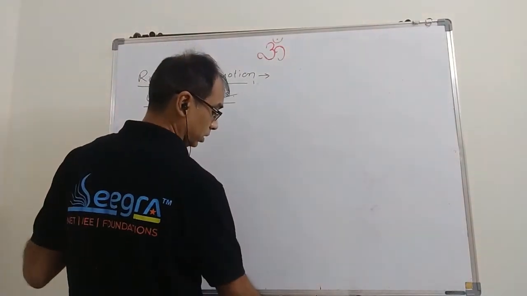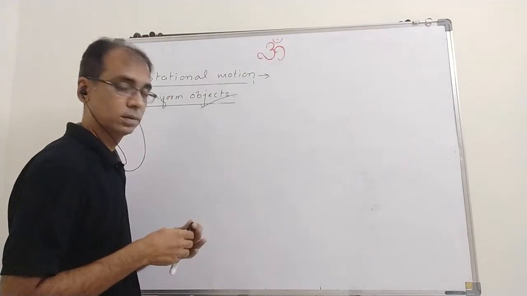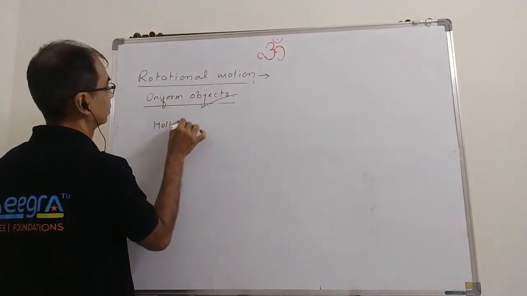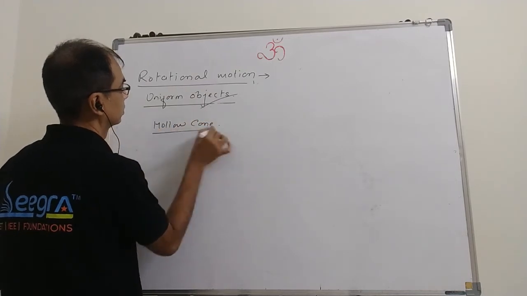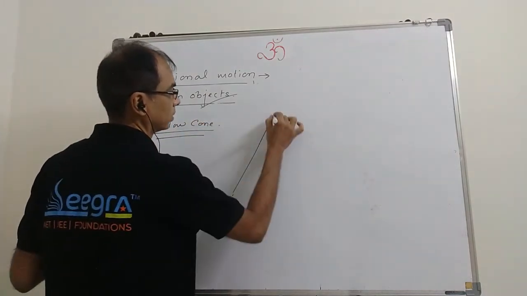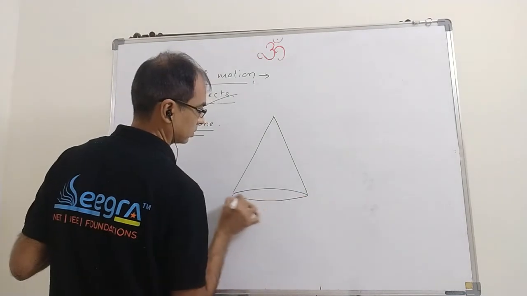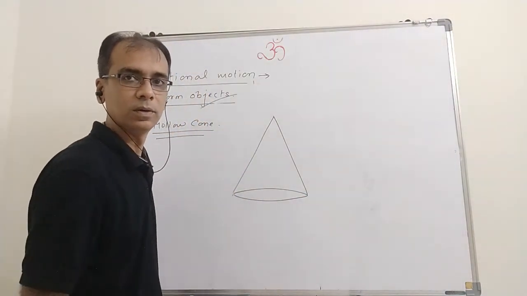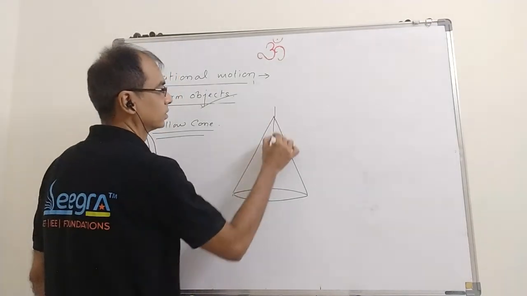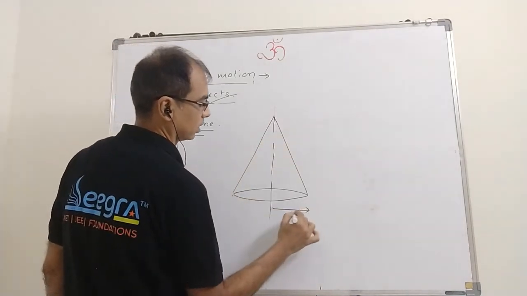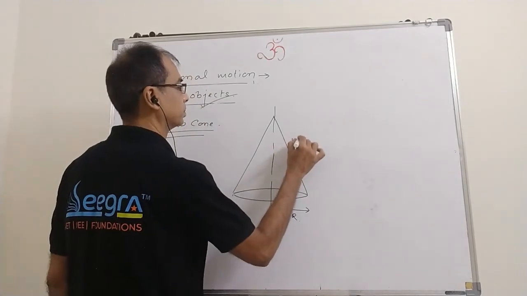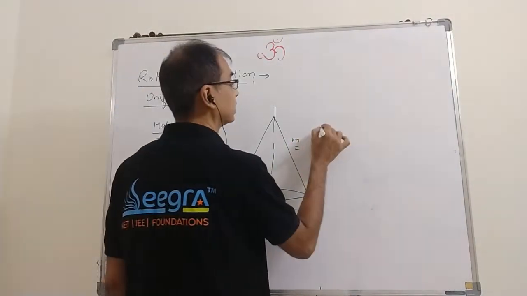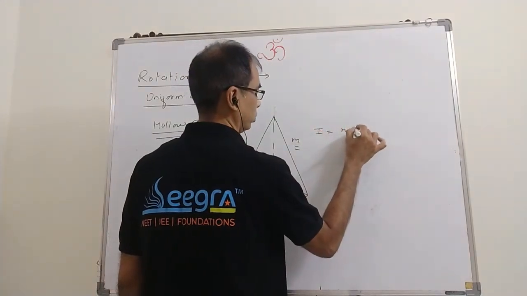These all you have to remember. This is hollow cone. Okay, for ice cream actually it will be inverted. So this is R, mass is M. Its moment of inertia is same as disk, m r square by 2.